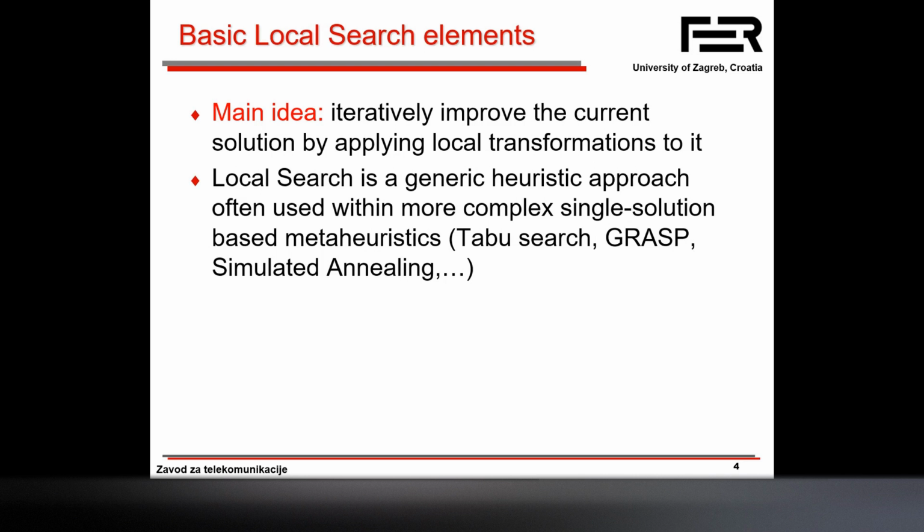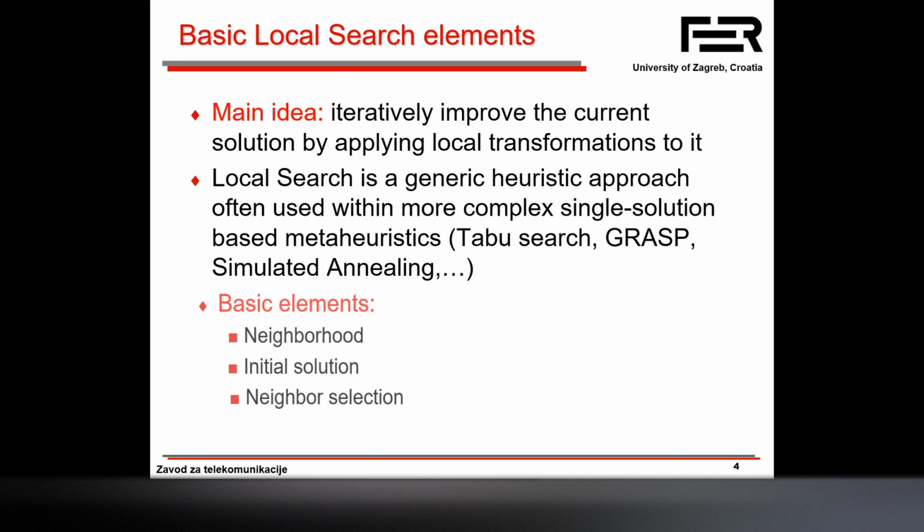So local search in its simplest form gives us a locally optimal solution. This is a generic approach, and as I said, there are many variations, and often they're used in combination with, or variations are in terms of, more complex single solution based heuristics such as tabu search, GRASP, simulated annealing, which we'll get to later on.